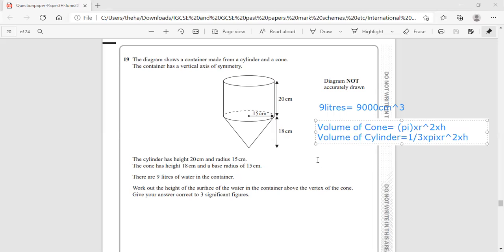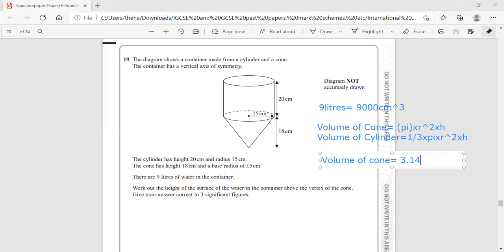So now we're going to work out the volume of our cone here. So volume of cone equals pi. So let's just do 3.14. You can put that into your calculator as normal pi though, if you have a pi button. So times r squared. So we've got r squared is 15 squared times height, which is 18 centimeters.